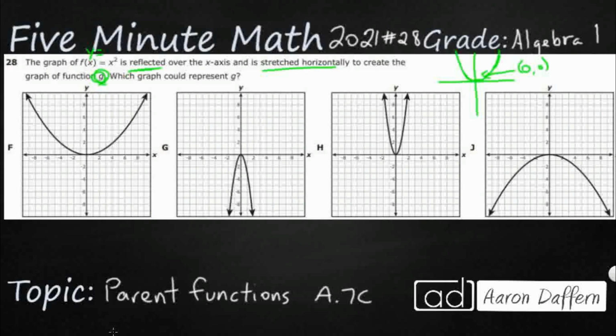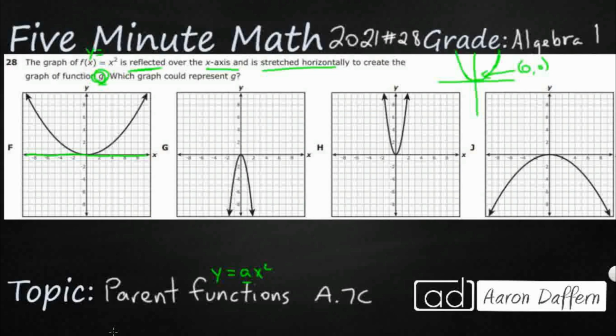First off, it's going to be reflected over the x-axis, the x-axis being right here. So how do we reflect something over the x-axis? Well, it has to do with the a's. If you're thinking y equals a x squared, that a, the coefficient that multiplies the x squared, is a common way to transform our graphs.